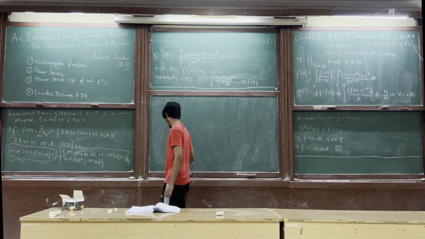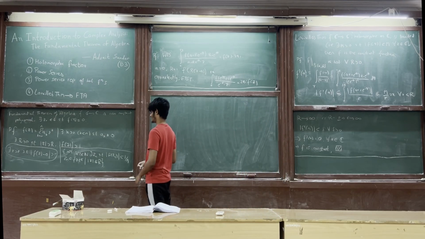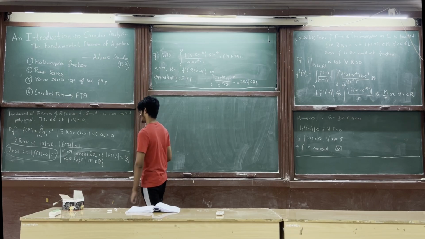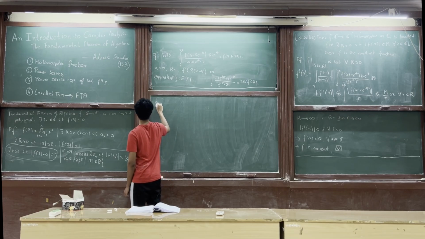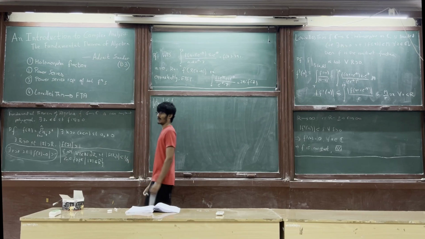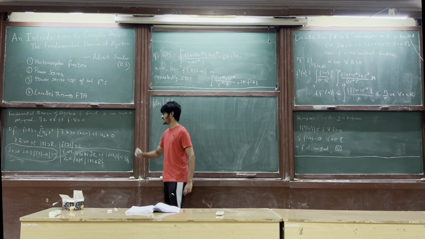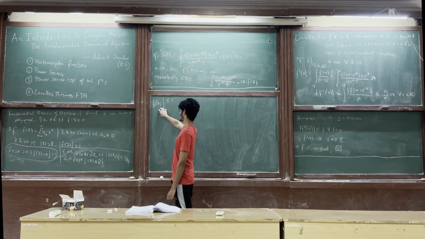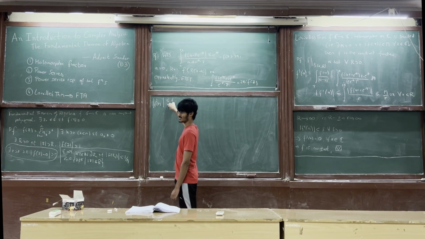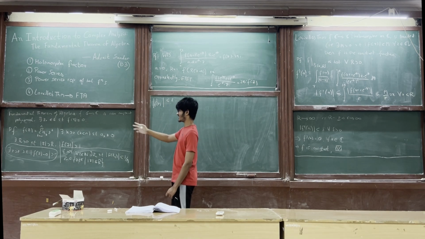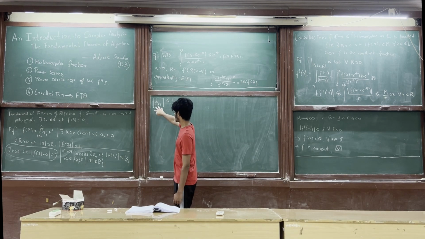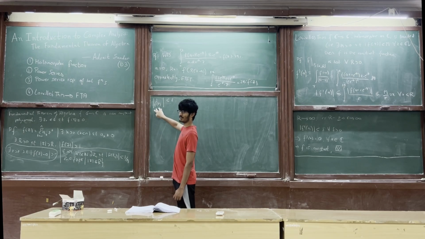So this tells us that 1 upon f of z is always less than 1 upon r, right? Just by taking the inverse of that, you have that the modulus of 1 upon f of z is always bounded. But we saw that f is never 0, so 1 upon f of z must be a holomorphic function everywhere.